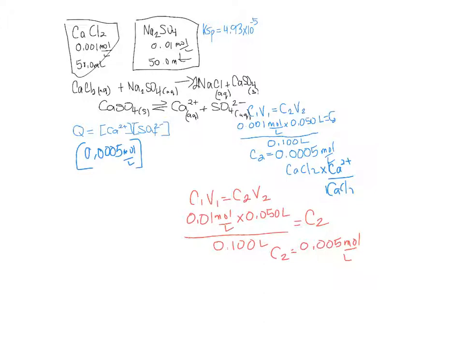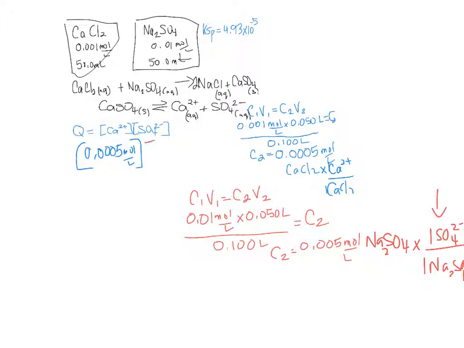So this is sodium sulfate times 1 sulfate over 1 sodium sulfate. If I was looking for the sodium ion concentration, I would have to multiply this number by 2, because there's 2 sodiums for every 1 sodium sulfate. So you've got to do this step right here.